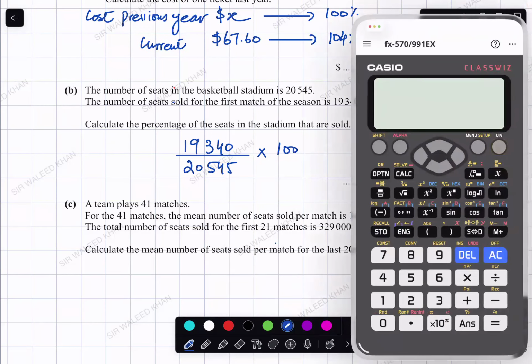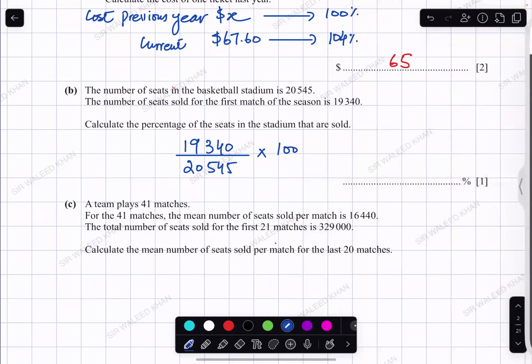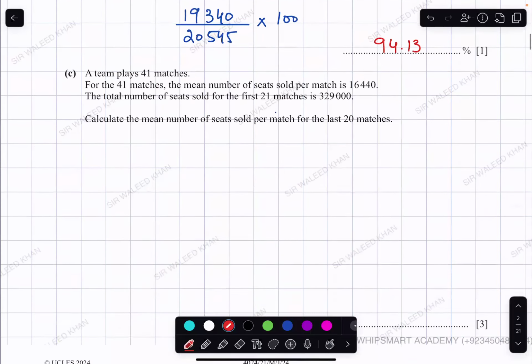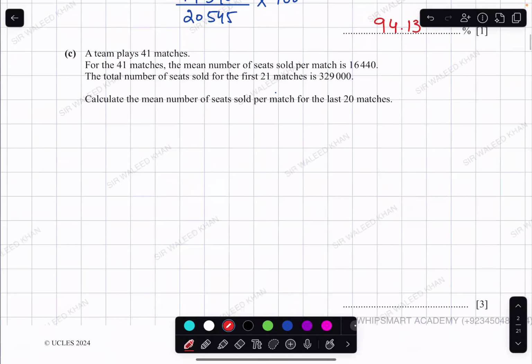So we have 19,340. Always check the screen of your calculator. You might miss a number and you can mess up your calculation. 94.13%.